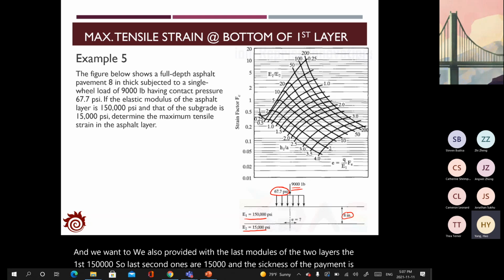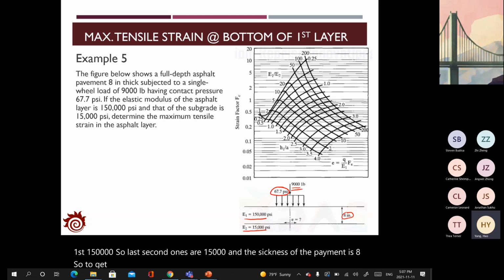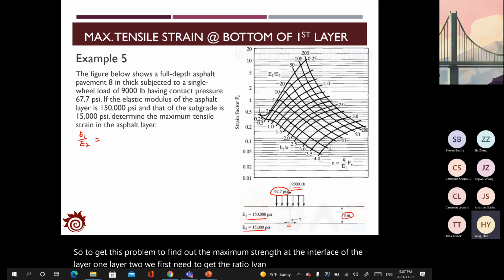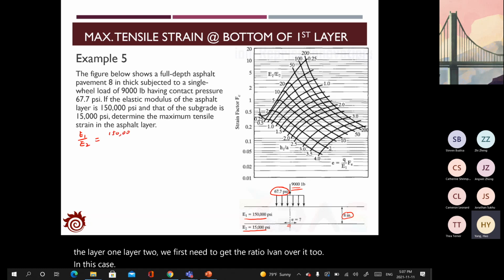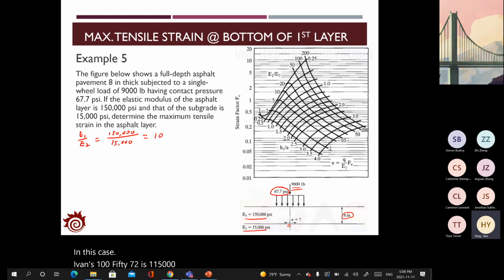So to solve this problem, to find the maximum strain at the interface of layer 1 and layer 2, we first need to get the ratio of E1 over E2. In this case, E1 is 150,000, E2 is 15,000. So the ratio is 10.